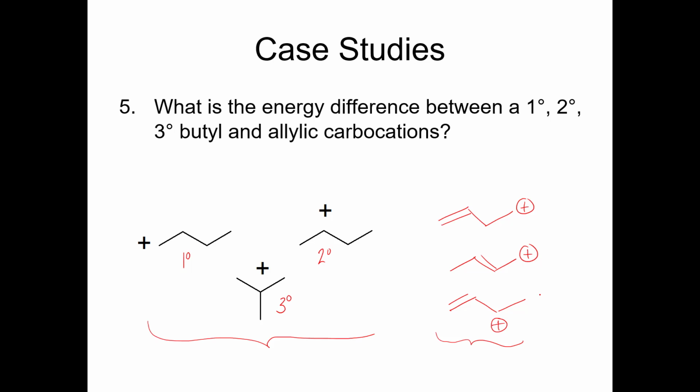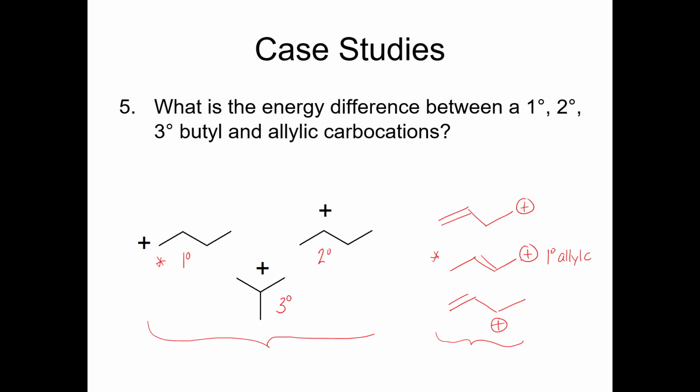We can do a very rough comparison of this one to this one. Because in lecture we say, well, okay, this is a primary carbocation, but this is a primary allylic carbocation. This is a flat-out primary carbocation.